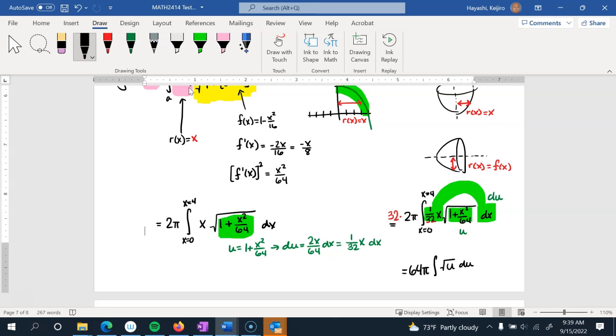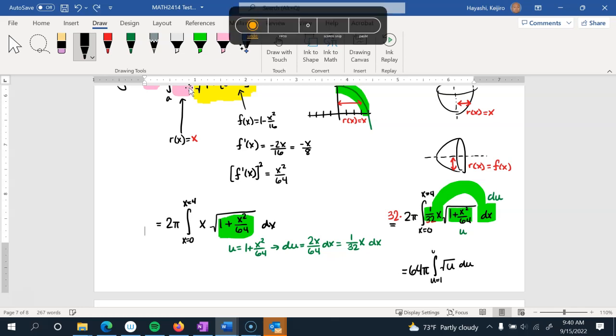And technically speaking, my bounds are no longer 0 and 4. If I use this u substitution and I plug in 0, that's 1. And if I plug in 4, that's 1 plus a fourth, so 5/4. So u technically goes from 1 to 5/4 right now. But you don't have to use them. I'm just saying that those are what the bounds are when you're talking in terms of u.